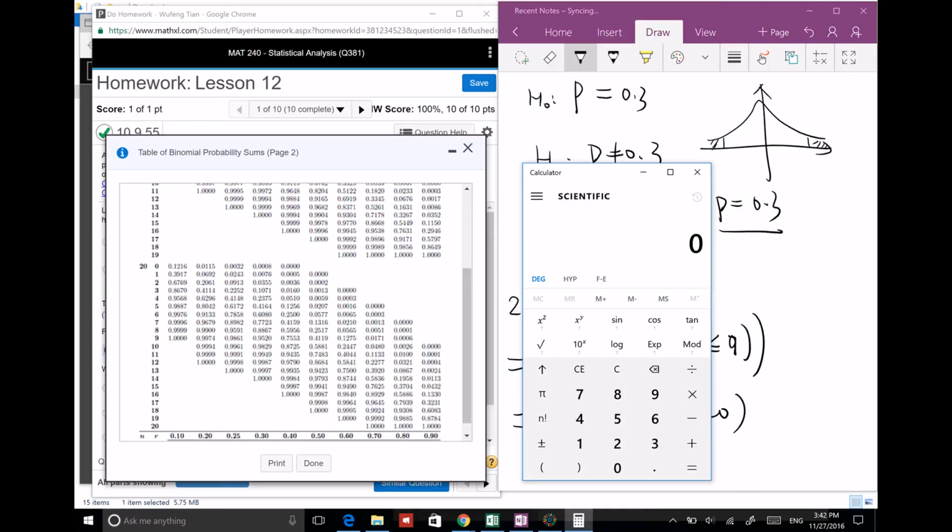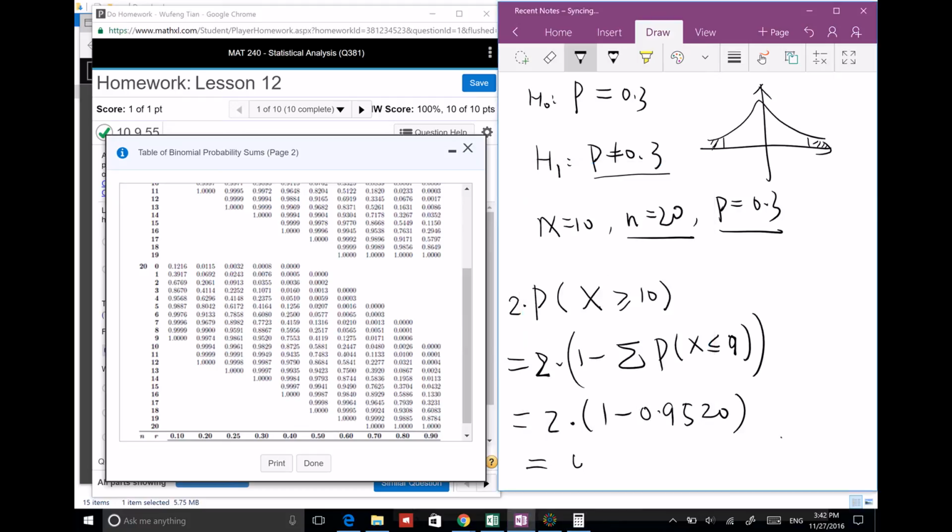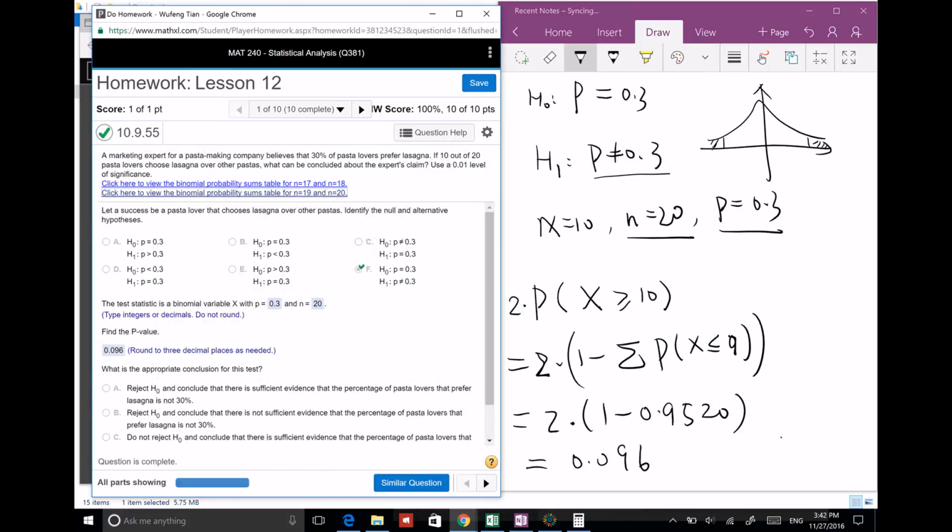So we got 1 minus 0.9520, times 2 equals 0.9096.